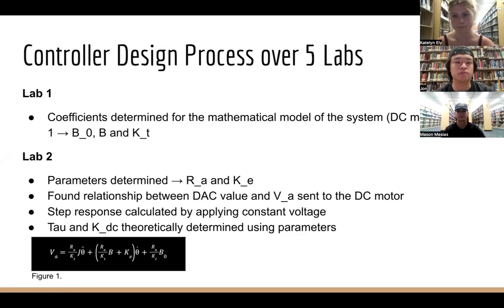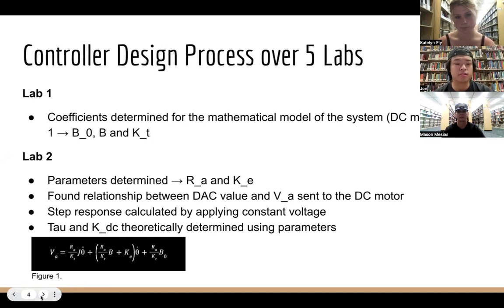All right, so this is our process for how we design our controller. In lab one, we primarily focused on determining the coefficients for a mathematical model, specifically B naught, B, and K sub t. And for lab two, we continued with this parameter determination with the R sub A and K sub E. And then we found the relationship between the AC value and the actual voltage, or V sub A, sent to the DC motor.